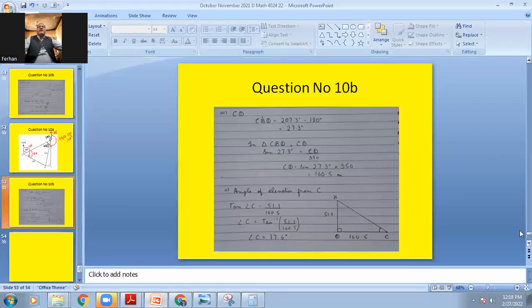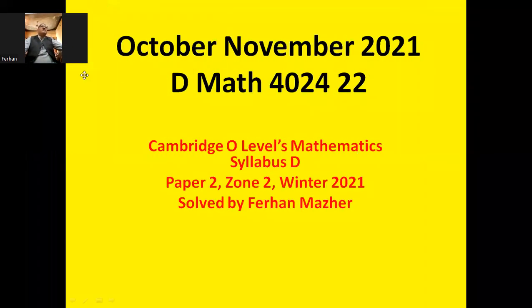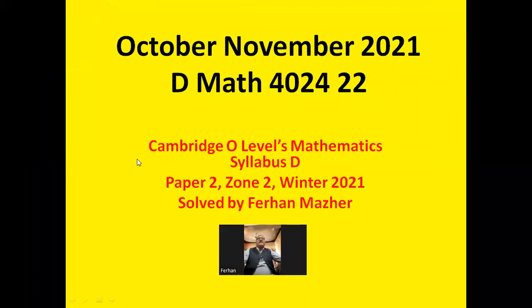So, my dear students, today we have completed paper 2 of the D Maths 4024. Today we have done the October November 2021 D Maths 4024 paper 2. This paper was from zone 2, or you can say variant 2.